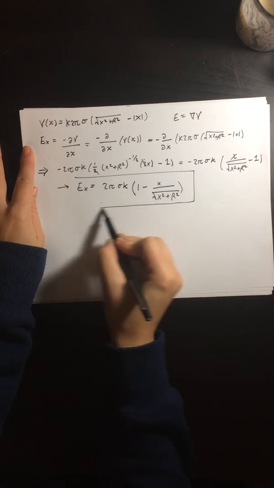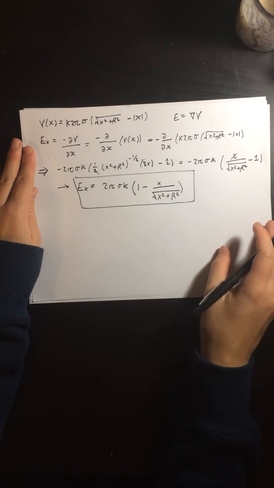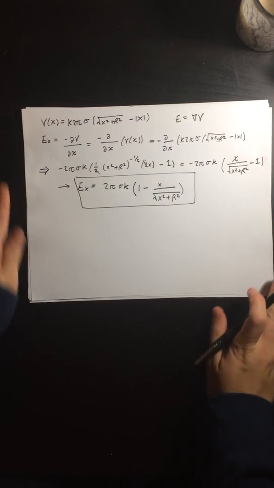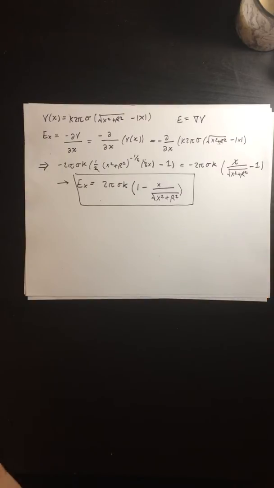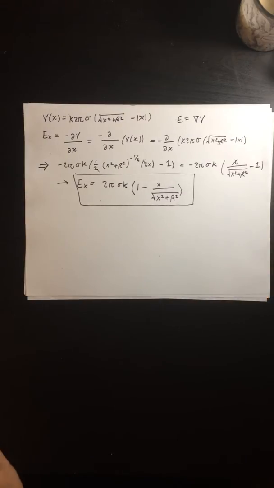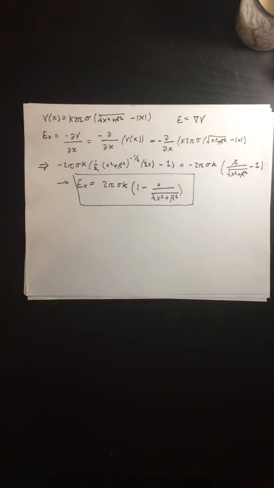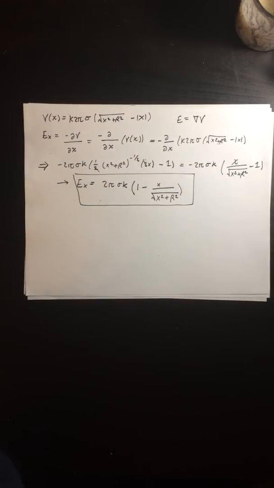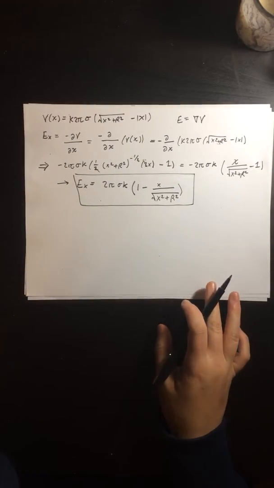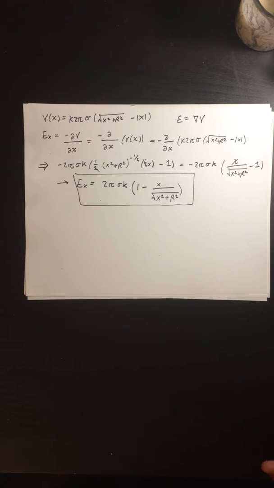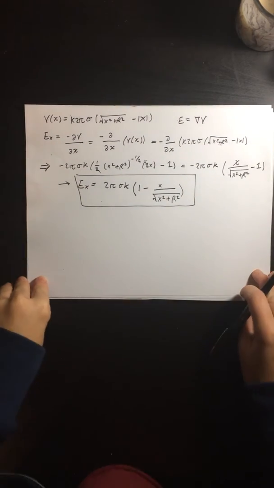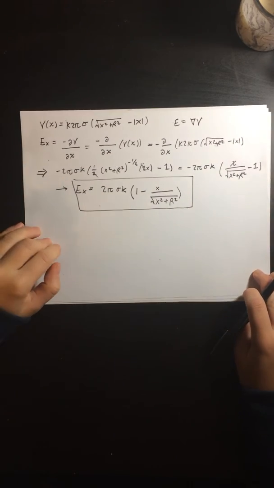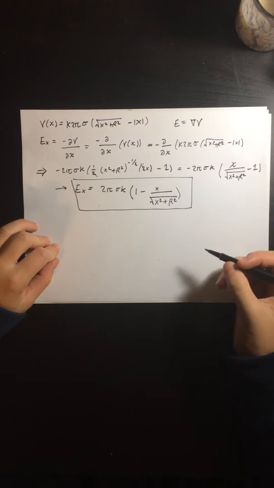And this is going to be our final answer for what the electric field will look like in this situation. So that is how you find the electric field from the voltage. You just take the gradient, but it's only going to be one partial derivative for us, not the whole gradient, because we're only doing the x component of the electric field, because that's the only one that's relevant here.